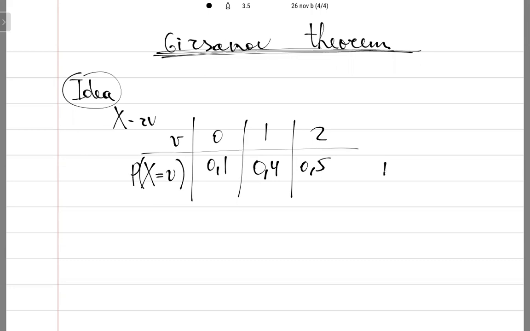In this case, the expected value of X is just 1.4, okay?